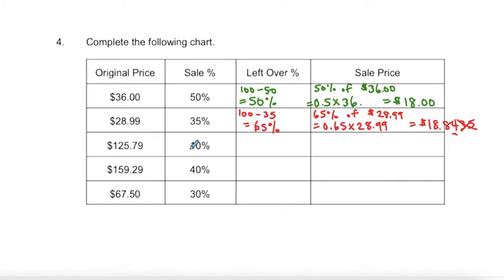For the next one, the leftover percentage is 100 take away 10, which is 90%. So my sale price, I need to find 90% of $125.79, which is the same as multiplying 0.9 by 125.79, which is the same as $113.21.